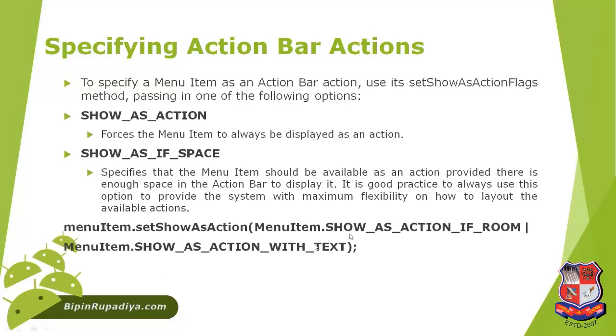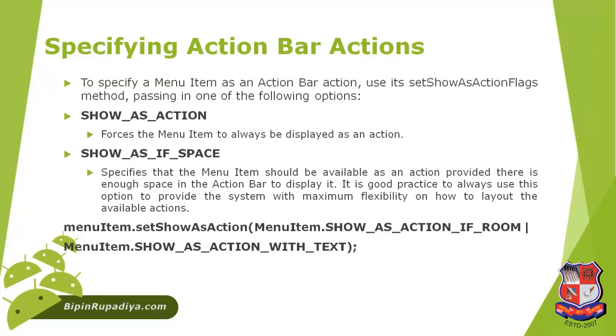So MenuItem.SHOW_AS_ACTION_IF_ROOM, and we concatenate this using the OR operator, or you can say the pipe, with MenuItem.SHOW_AS_ACTION_WITH_TEXT. So what it says is, if there is space available, I want to show this menu item with the text, because in a menu item there may be many things, like icon, text, or the condensed title.